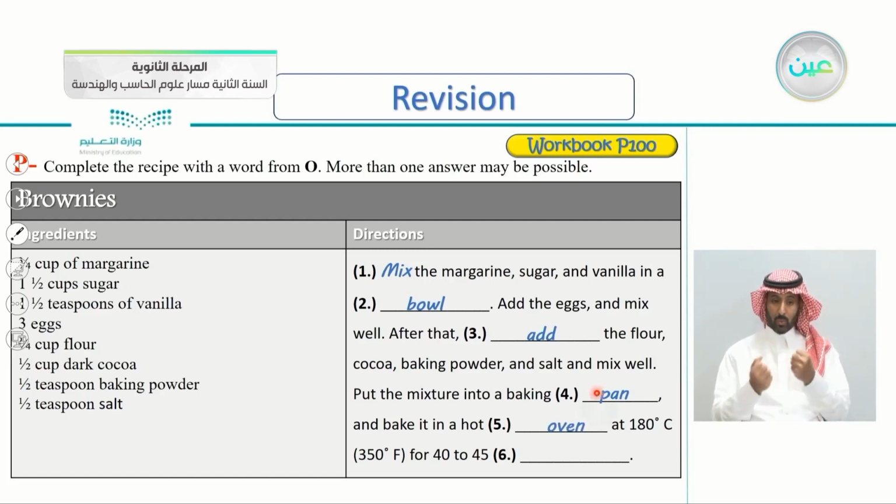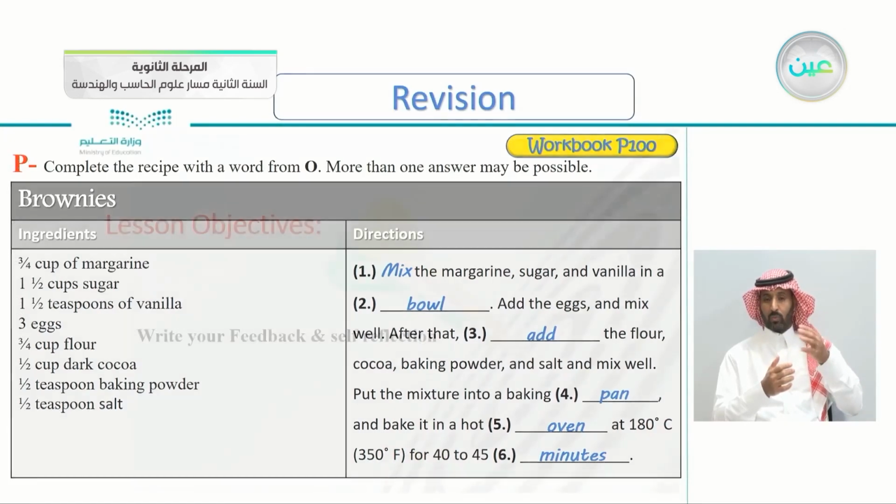So we take the pan and we put it in a hot oven, 180 degrees Celsius, for 40 to 45 what? Hours? No, of course, 40 to 45 minutes. So bake it in a hot oven at 180 degrees Celsius or 350 Fahrenheit for 40 to 45 minutes.